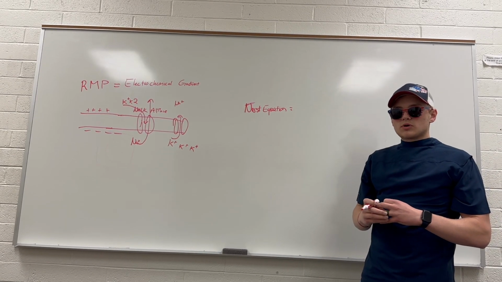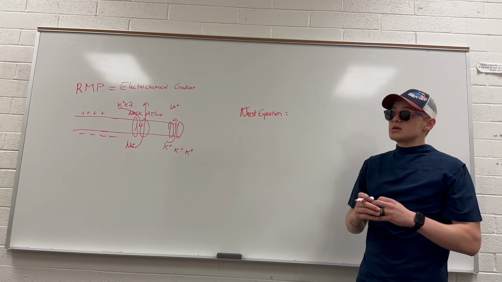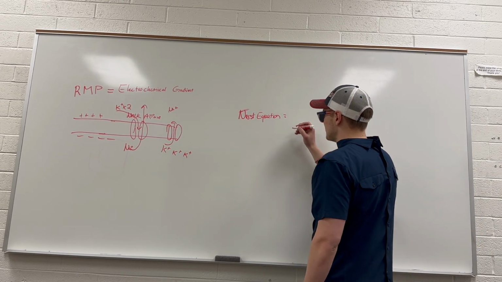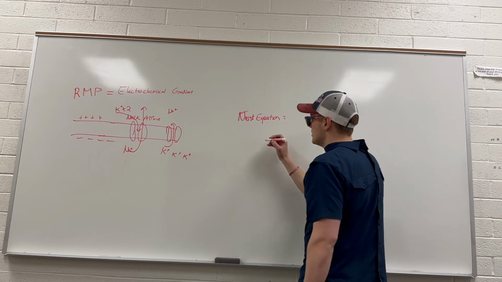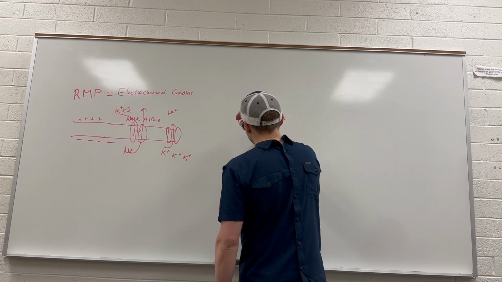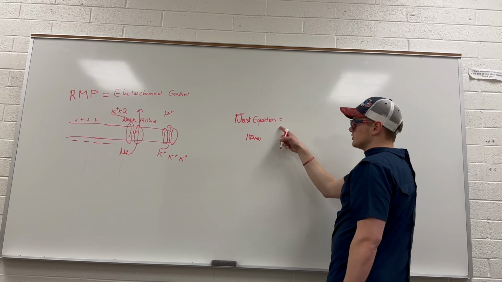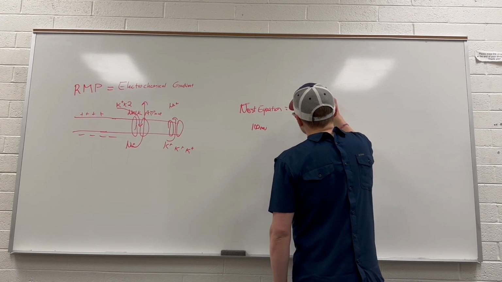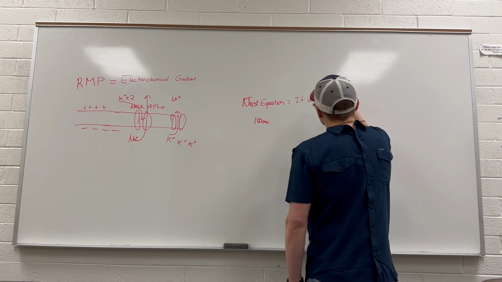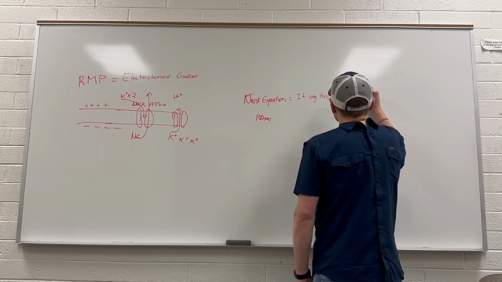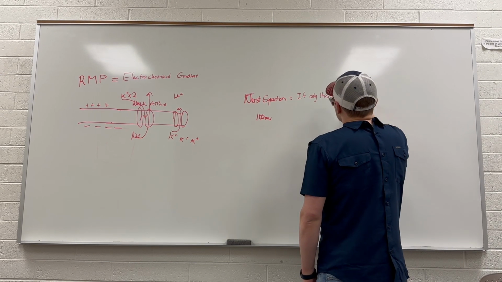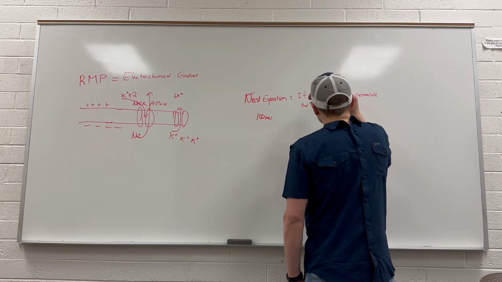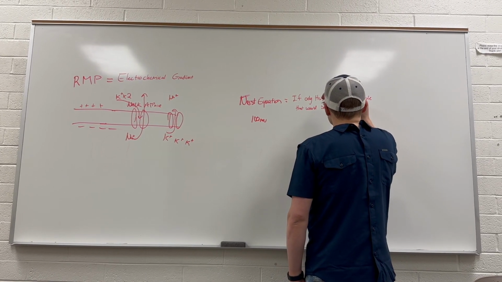So for example, for potassium, I'm just making a number up, by the way, so don't hold me to this. Let's say potassium had a Nernst value of 100 millivolts. I'll define this real fast. The Nernst equation: if only this ion were permeable, that would be the resting membrane potential.